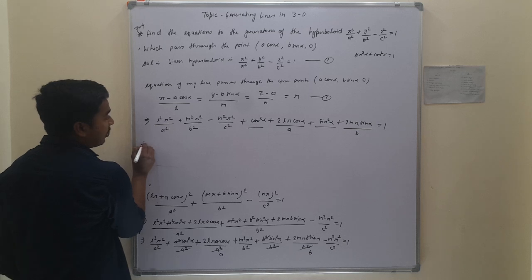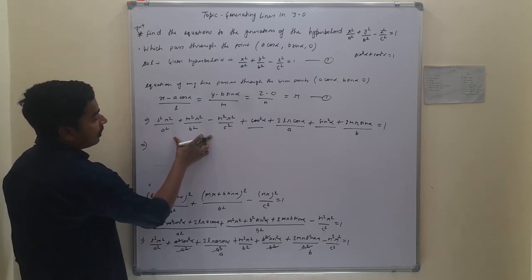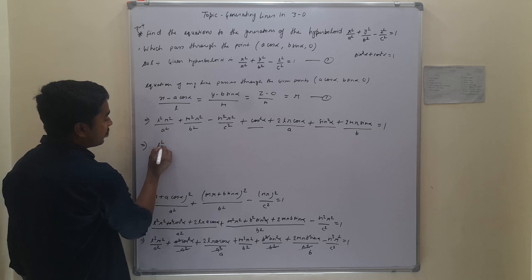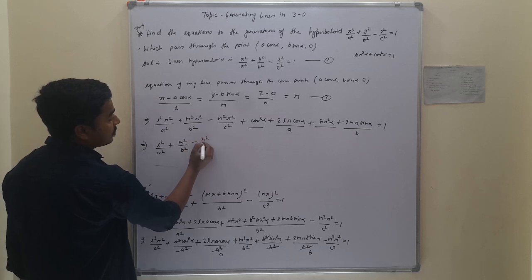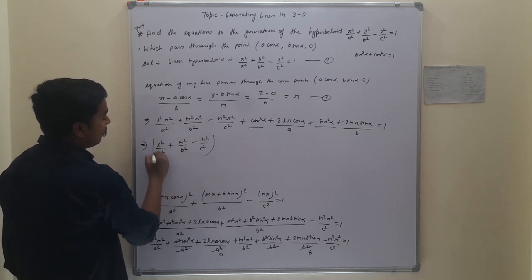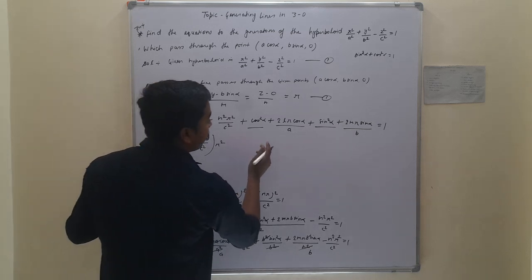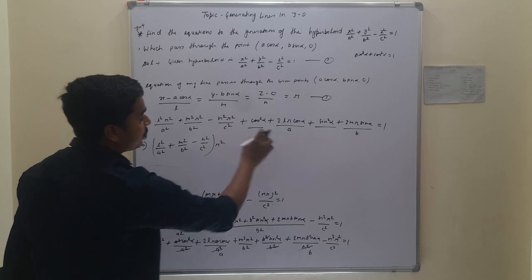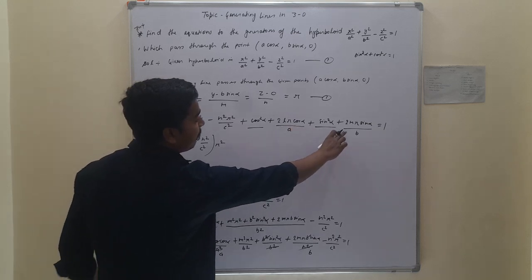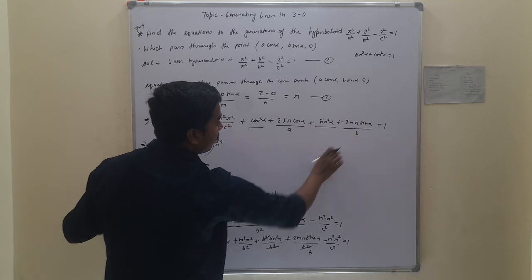So from these three parts we take common r square. This gives l square upon a square plus m square upon b square minus n square upon c square. From the other part we take common again: 2lr cos alpha plus 2mr sin alpha upon b.